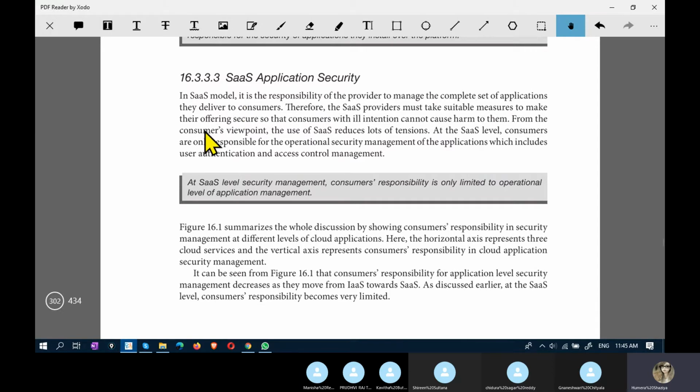Therefore, the SaaS level management security responsibility lies majorly on the provider and minorly on the consumer. In the SaaS model, the responsibility of the provider is to manage the complete set of applications. SaaS level consumer responsibility is only operational. Operational means they have to ensure that they are the ones who are accessing at operation level.